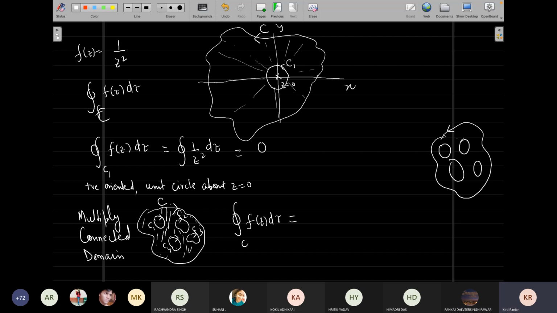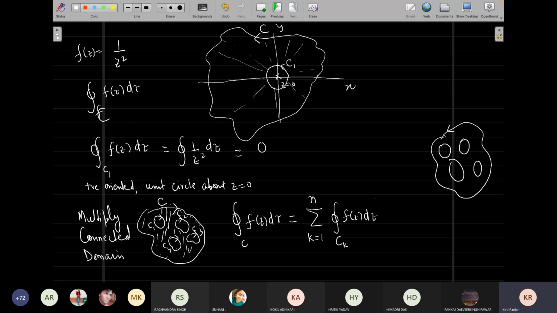Now this looks like a nice smiley, and I broke the smiley. So let me write down the sum over k equal to 1 to n, which are the number of holes, and then the integration of f(z) dz over Ck.